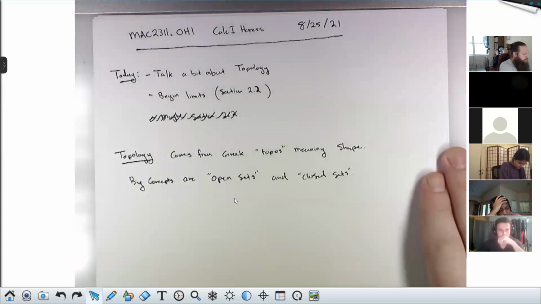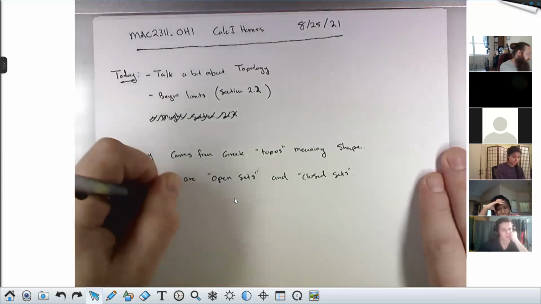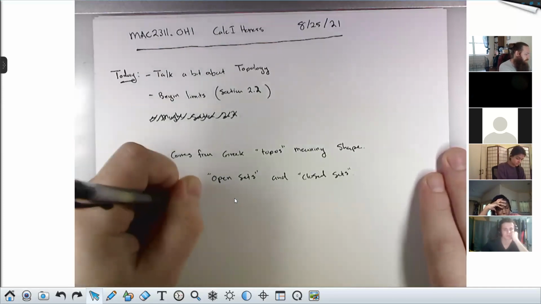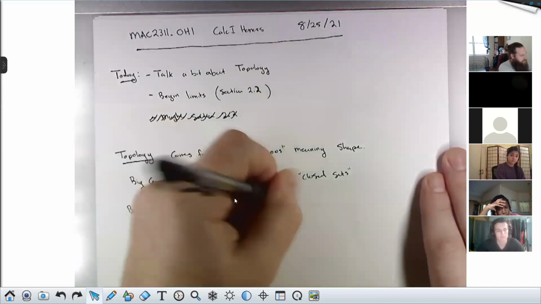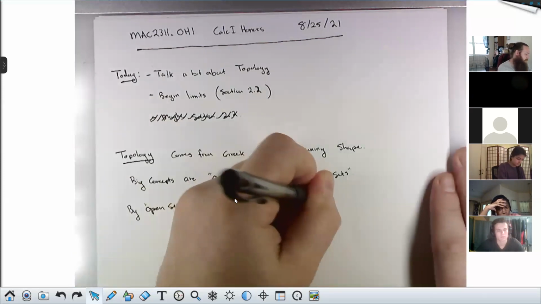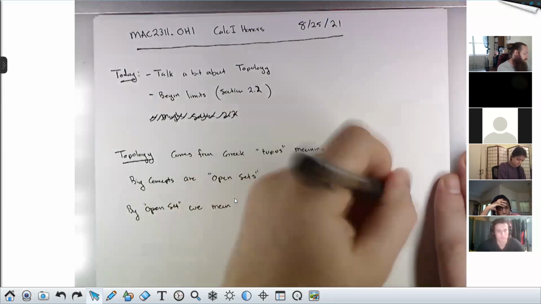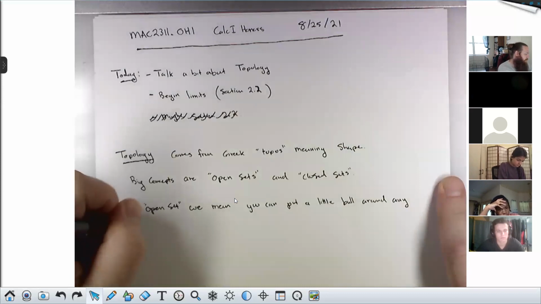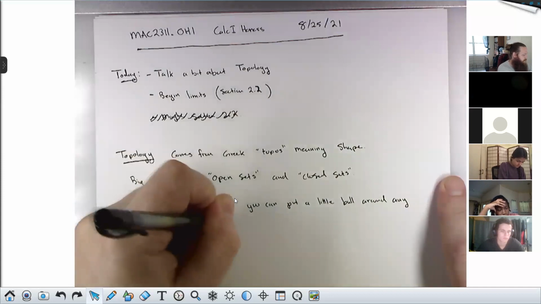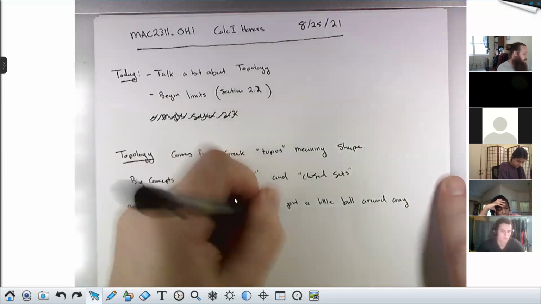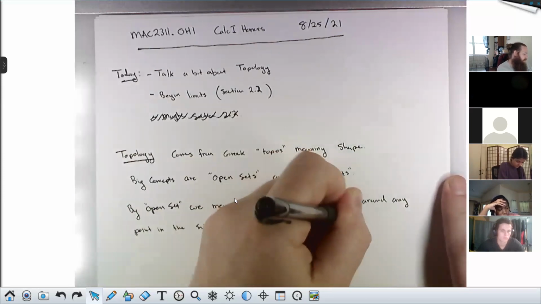So what we mean by open is you can put a little interval, or you can put a little ball around any point in the set such that the whole ball is contained in the set.